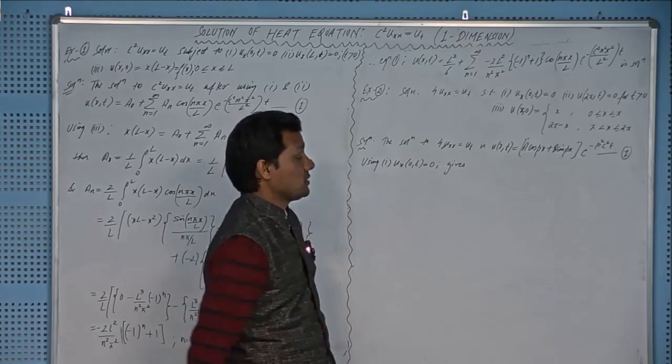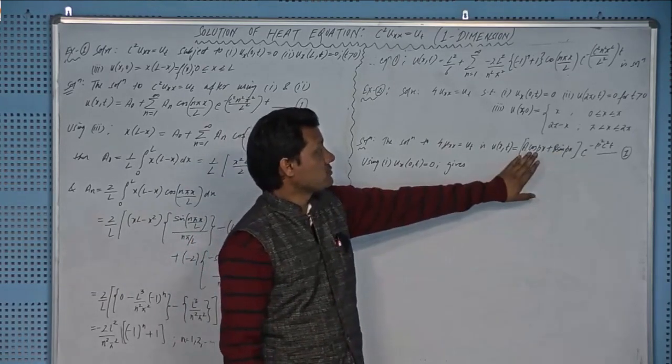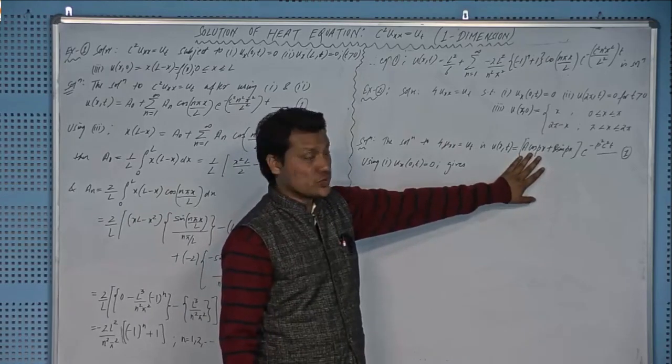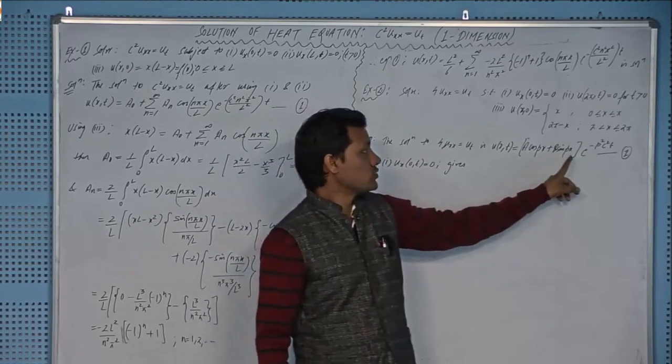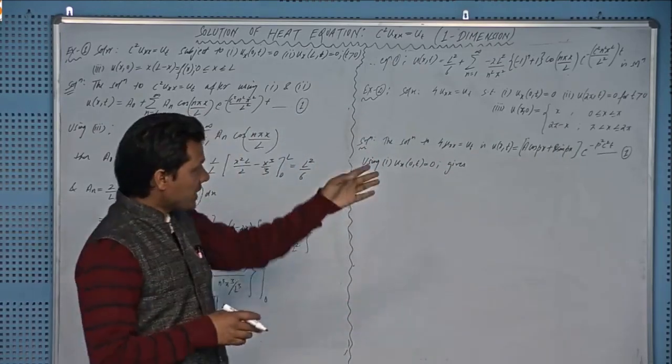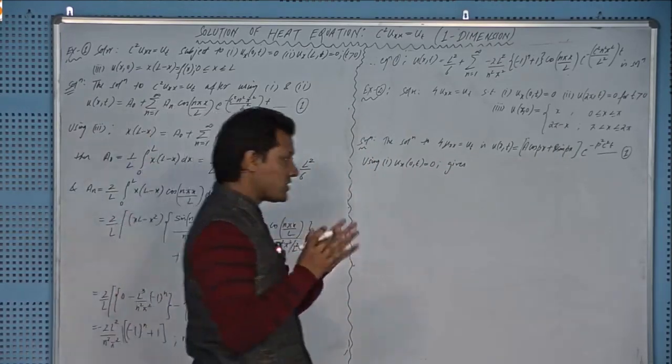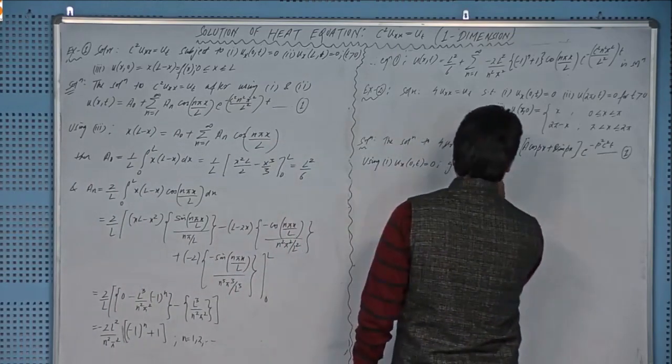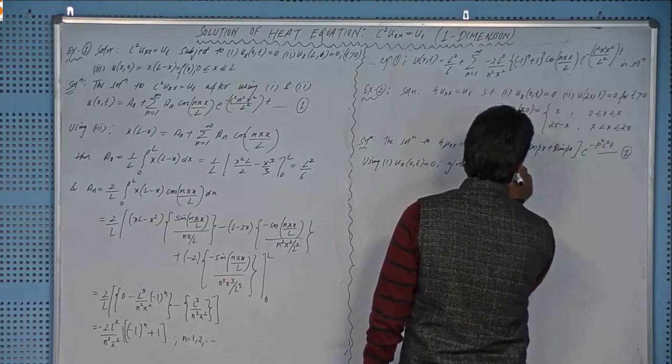I am writing that directly, and you can verify it. Sine goes to 0 and I'm putting x equal to 0, and cos 0 becomes 1. That will give me bp times that exponential function equal to 0, and after that I have to take b is equal to 0. You can verify it by yourself, right?